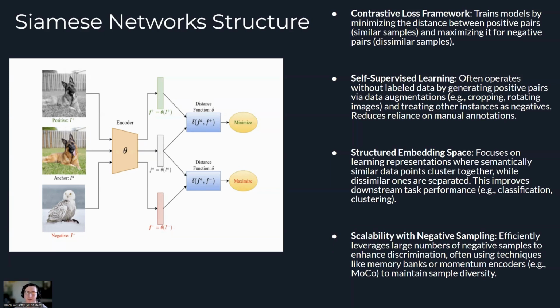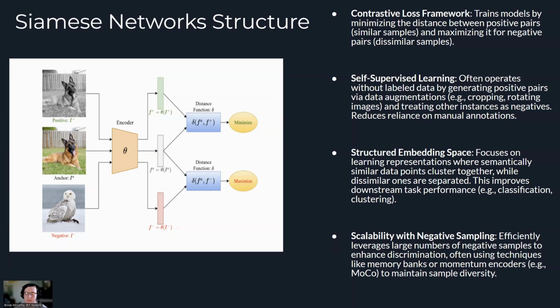Supervised or self-supervised Siamese models often can be used without labeled data, so it can generate different positive pairs via data augmentation, and it learns between similar and dissimilar pairs by treating the other augmentations as negatives.